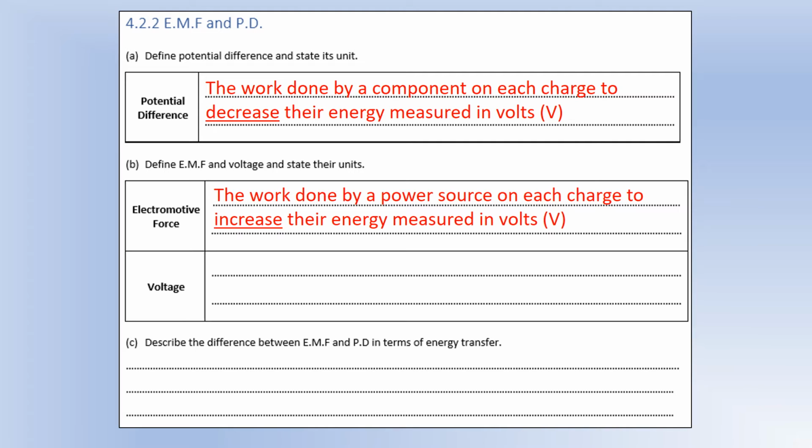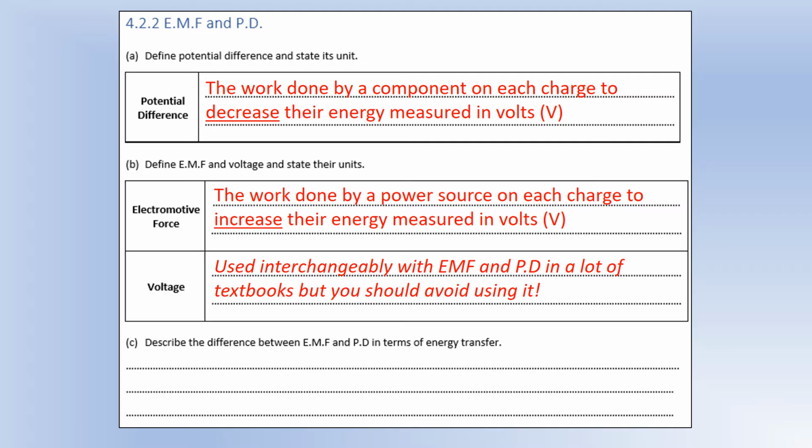And you might quite often see the word voltage in books, maybe your teacher uses it, but they shouldn't really. It gets used interchangeably with EMF and potential difference, which is a problem because then you don't know which one you're talking about. There is one specific case where we do use it, but most of the time we should avoid using the word voltage.